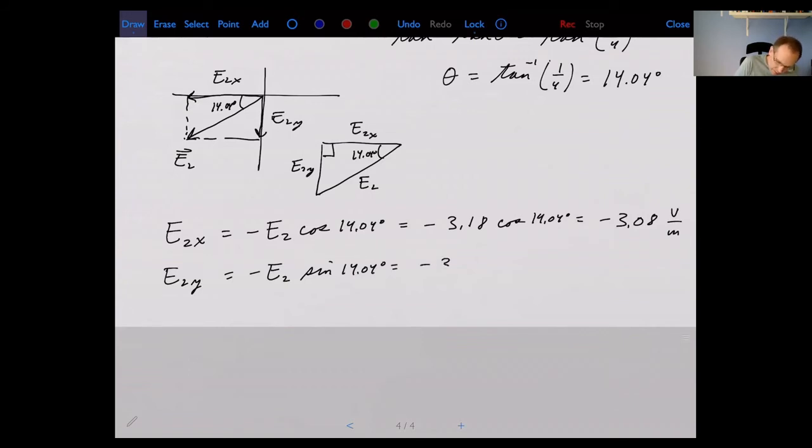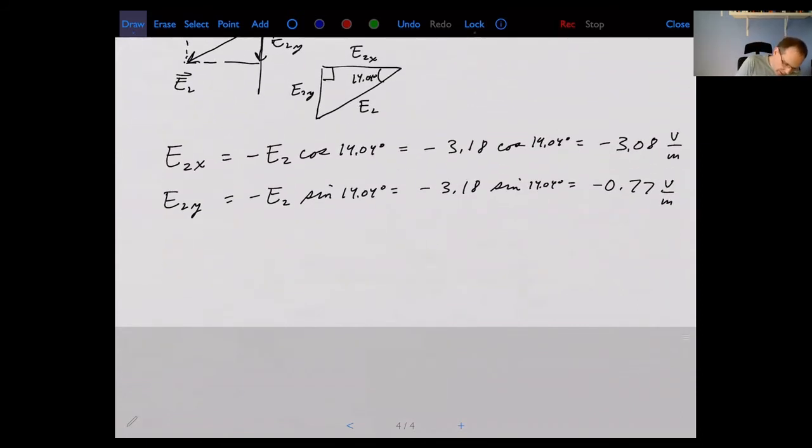So that'll be negative 3.18 times sine of 14.04 degrees. I'm rounding a little bit here, but I'm going to get around negative 0.77 volts per meter. So if I write E2 in component form in terms of i hat and j hat, then the vector E2 is going to be negative 3.08 i hat minus 0.77 j hat, volts per meter.